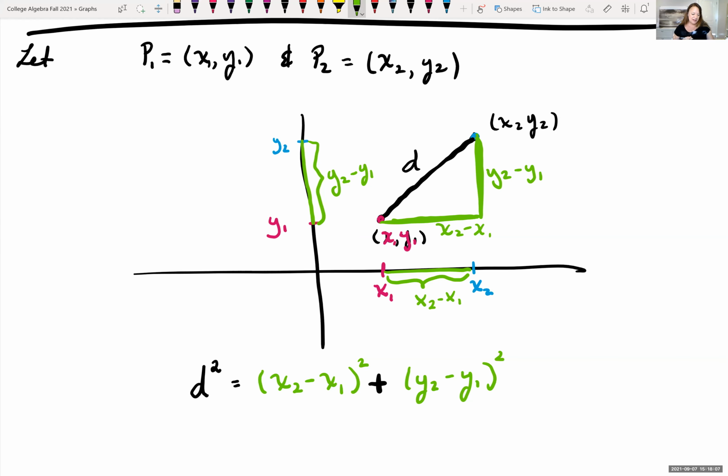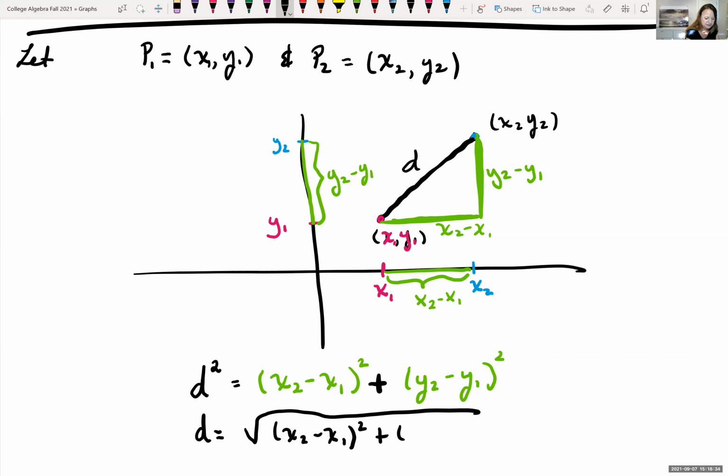So we've almost gotten the distance. We want distance, not the distance squared, and so we can take the square root of both sides. Normally we put plus or minus in front of that square root, but because we're talking about distance, we're only talking about the positive. So we're looking at the square root of x sub 2 minus x sub 1 quantity squared plus y sub 2 minus y sub 1 quantity squared.